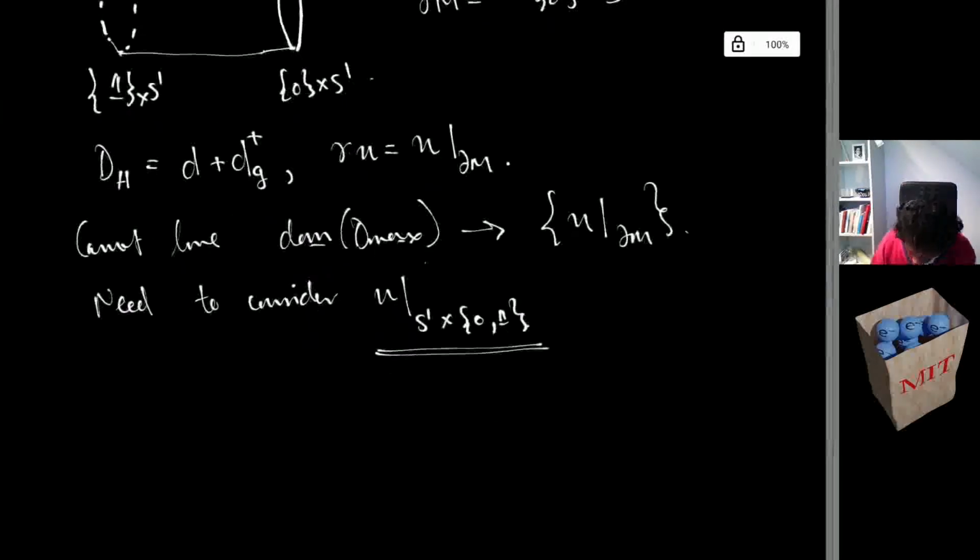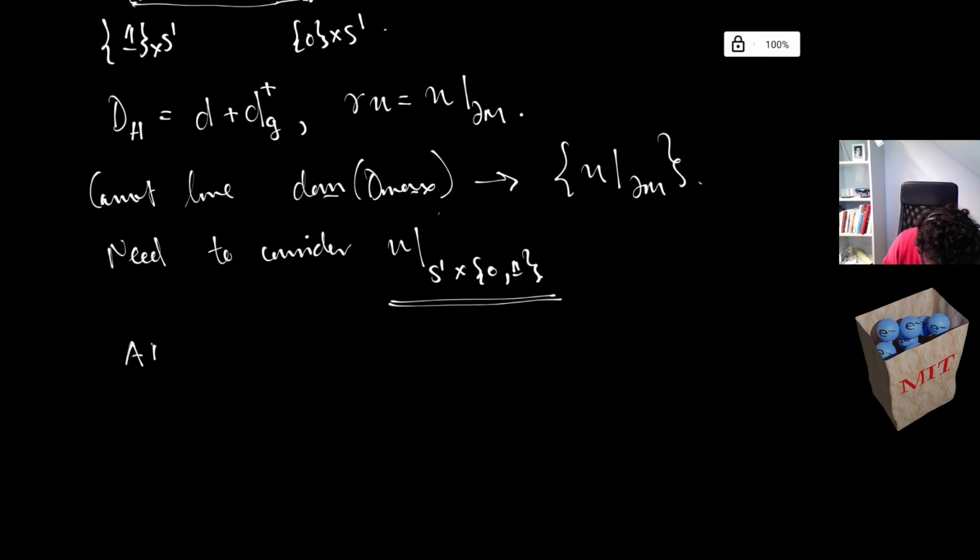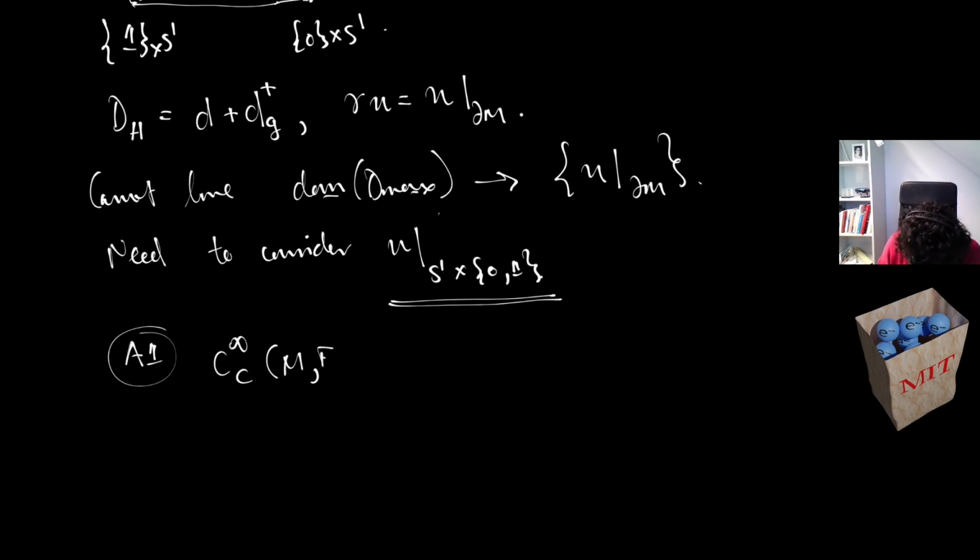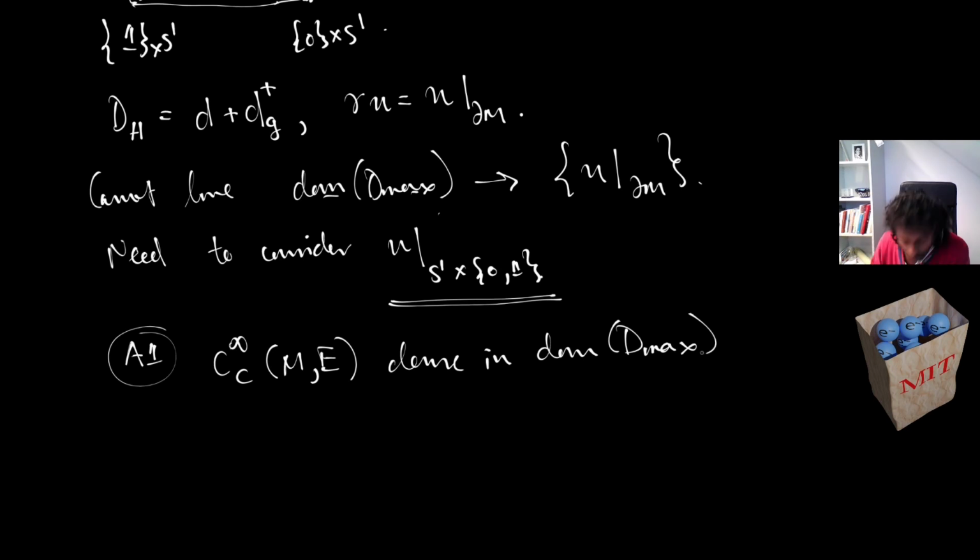Okay, so let me write down a condition that allows us to get around this, which is not satisfied here, right? We want to say that if we assume that C infinity_c is dense in dom D max, then we're okay, right? If we have this, then we're okay.